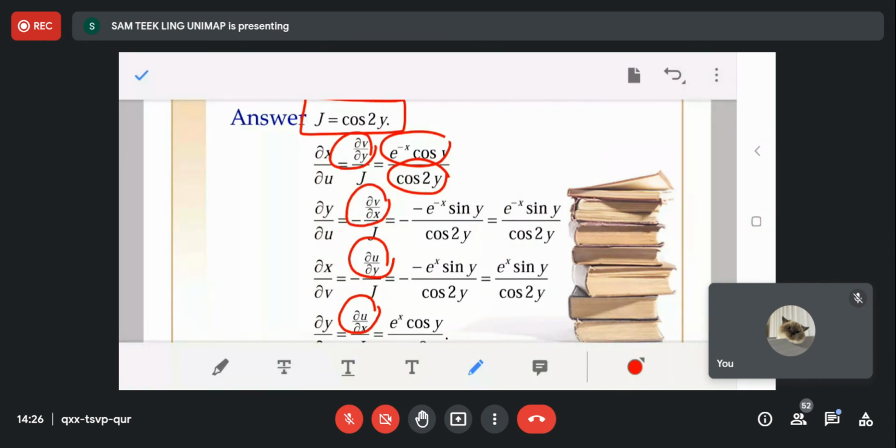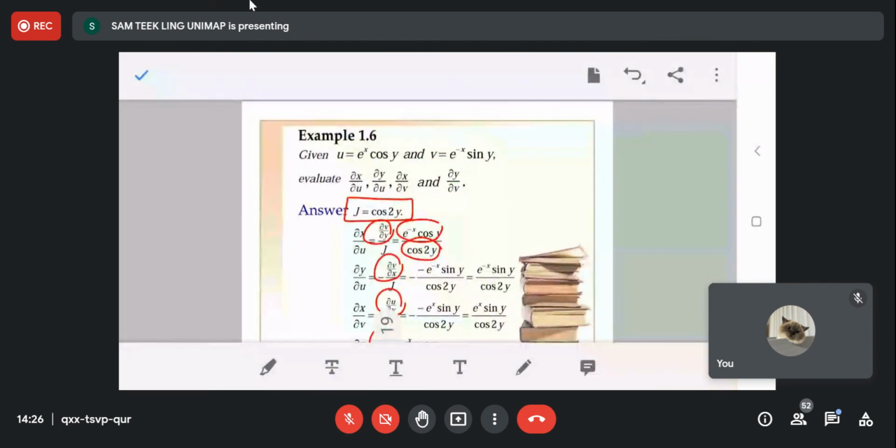When you want to use the Jacobian, you calculate the Jacobian, you need these four. You found them already, so we directly use them. No need to recalculate. When you apply the inverse function formula, just substitute inside. But make sure when you substitute, make sure it is correct. Don't substitute the wrong one. So this one is the inverse function.